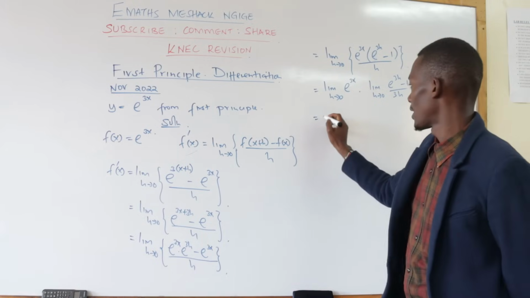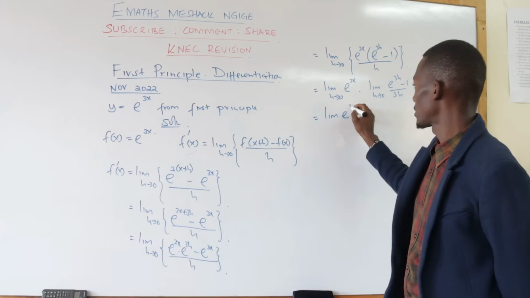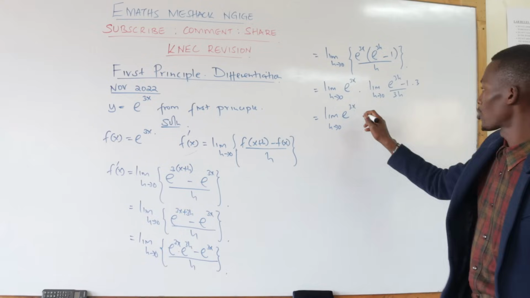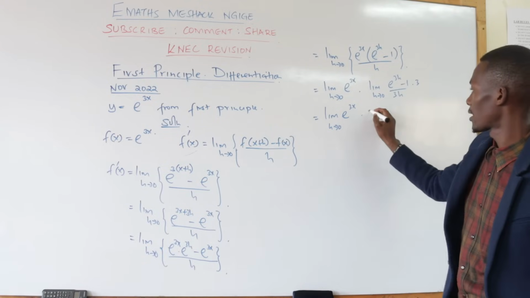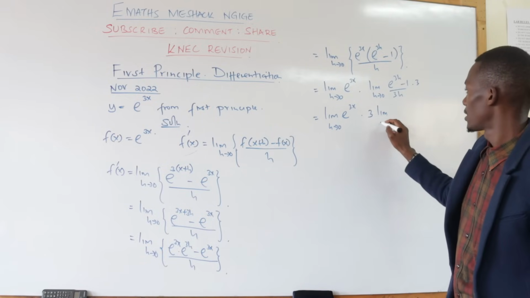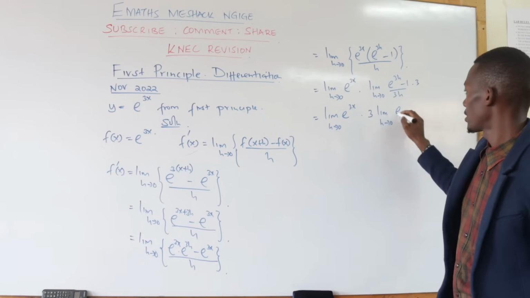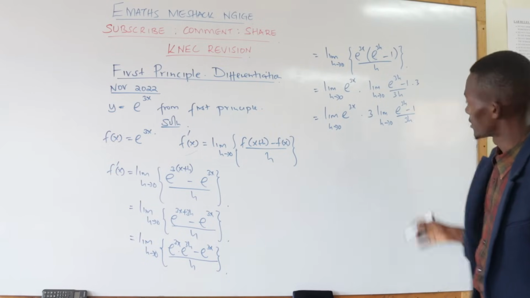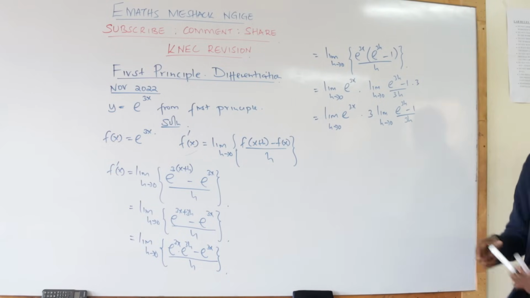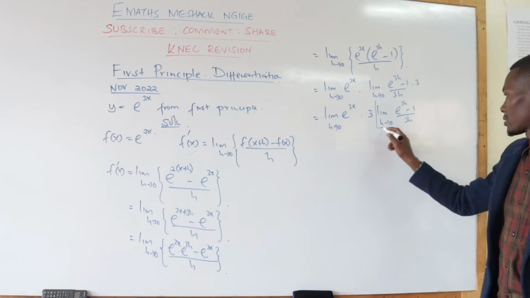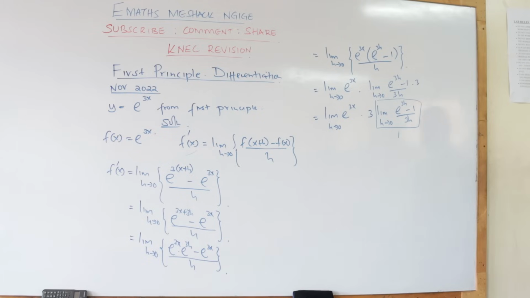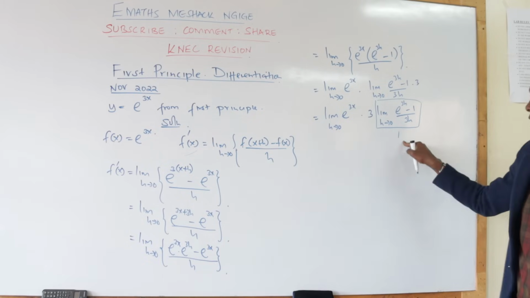So we shall have the limit e^(3x), then h tends to 0, then multiply by this 3, and the limit as h tends to 0 of (e^(3h) minus 1) over 3h. Therefore the whole of this gives you 1.